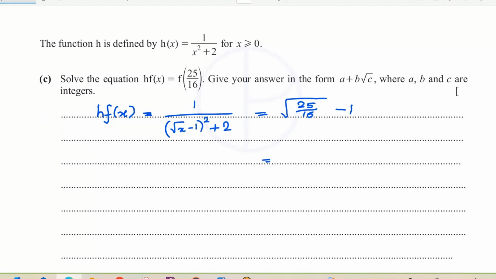So this is equal to 5 over 4 minus 1, divided by 1 over square root of x minus 1 the whole square plus 2. 5 over 4 minus 1 will be equal to 1 over 4.